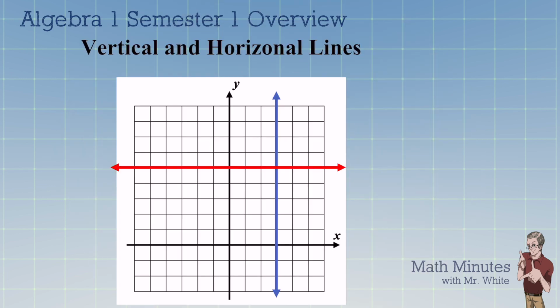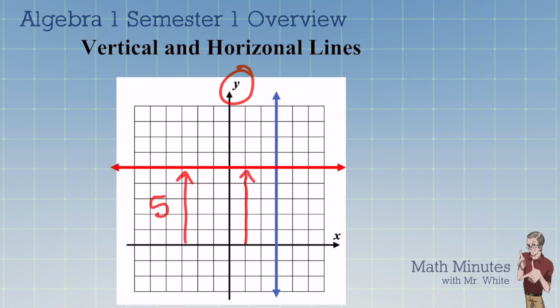Now, it wouldn't be fair to me to not talk about two different special cases. The graphs of a horizontal line, that's the red one, and then a vertical line, that's the blue line, are special equations. So the way I think about, let's start with the red line, the horizontal. That sure looks like it's always 5 high, right?